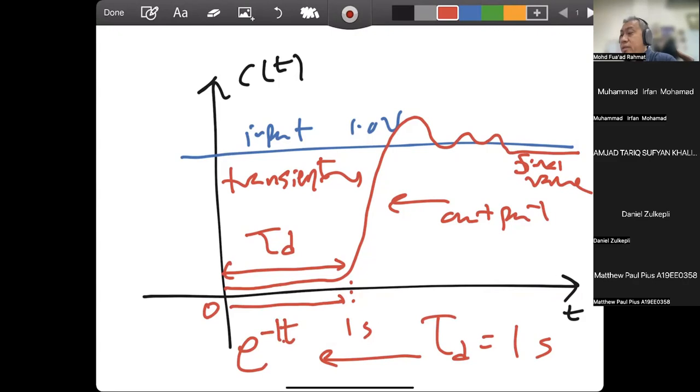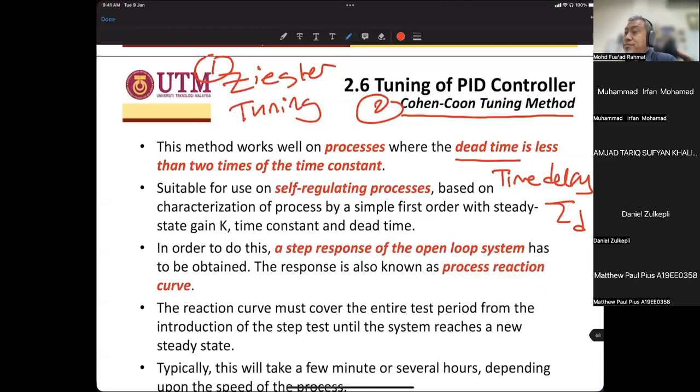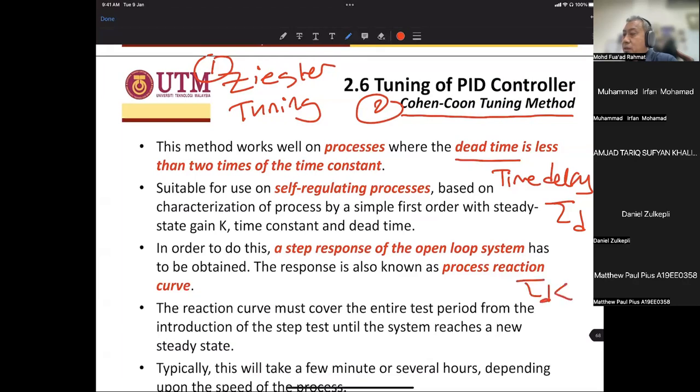So exponent minus t. In this case, time delay is less than 2 times the time constant, meaning that TD is less than 2 TC.